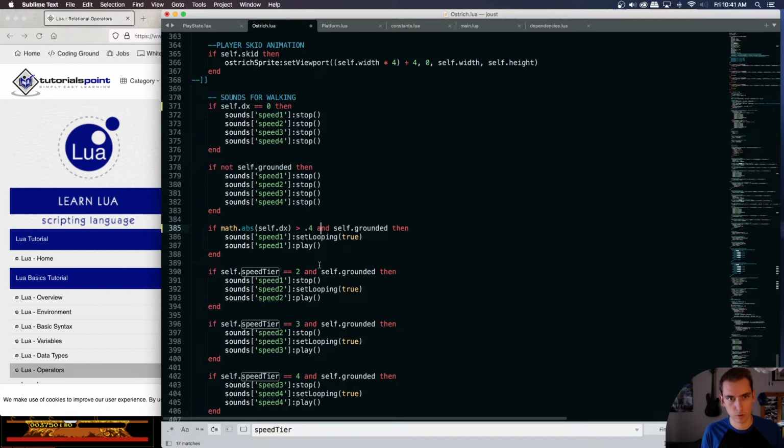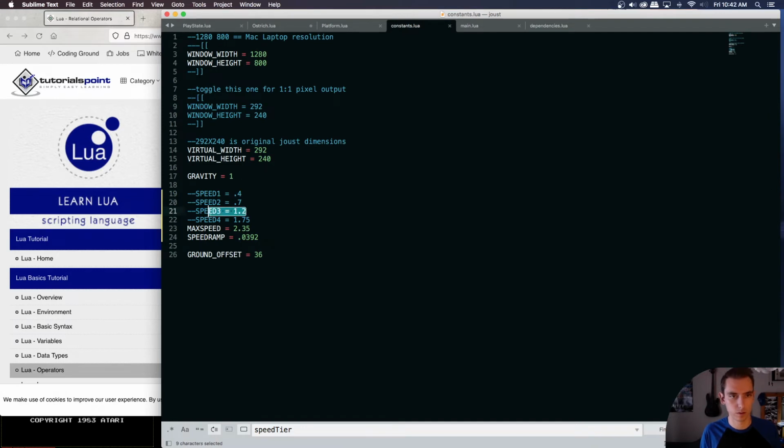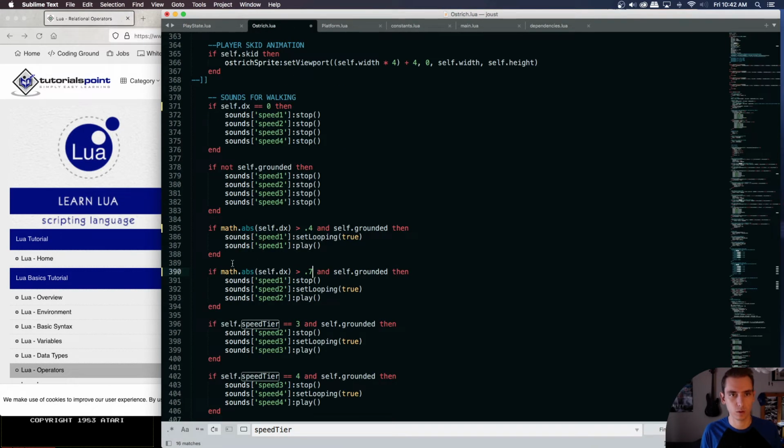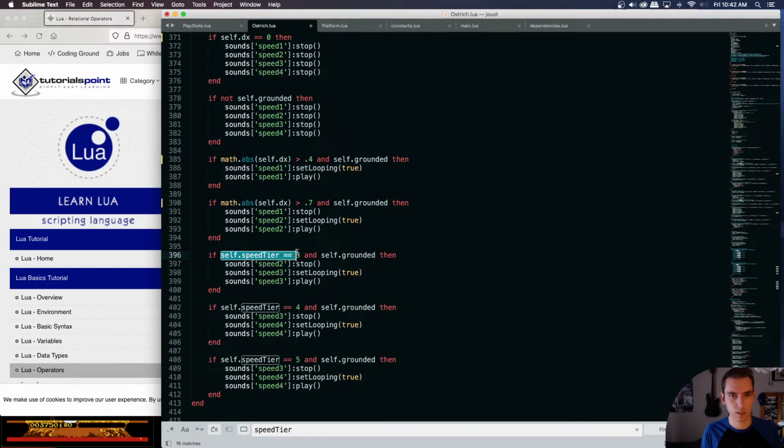Then we would need to do our speed 2 sound, which is greater than 0.7. And then remember our top speed... oh no, that's for the animation, never mind. We'll keep going with this. 1.2 for speedTier 3.